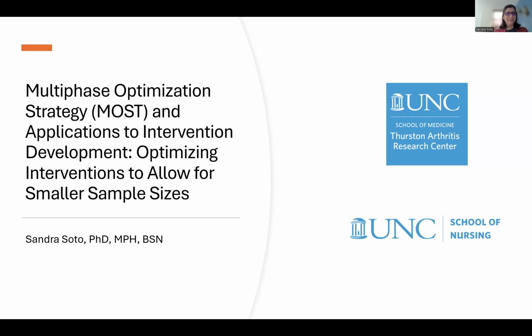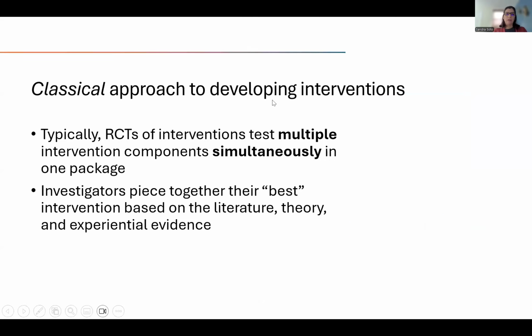So today, yes, I will be discussing the multi-phase optimization strategy, which is also referred to as MOST, and its applications to intervention development. I want to start by talking about the classical approach to developing interventions. So typically, we as researchers will test multiple intervention components simultaneously in one package.